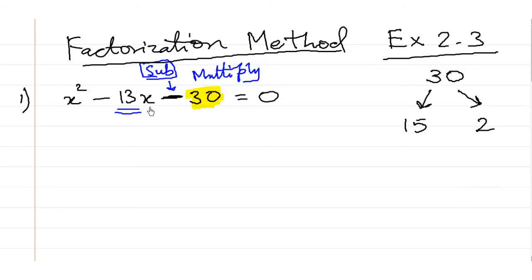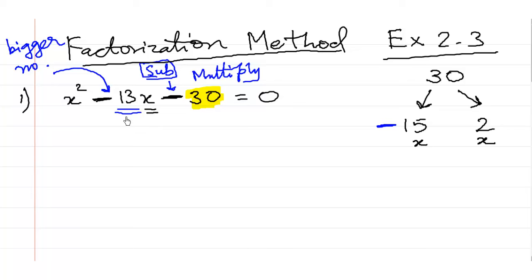Now this variable x is just to be written below it. This is a rough column. This sign is that of the bigger number. So remember, this is the sign of the greater number, the bigger number. So this sign will go to 15. So 15 will have the minus sign.